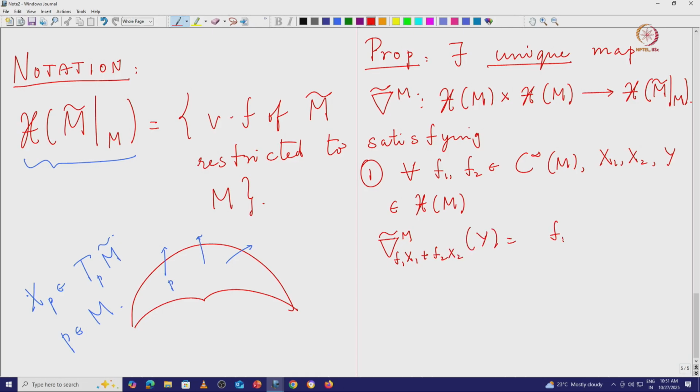So this is equal to f1 ... The second property is some sort of a Leibniz rule.